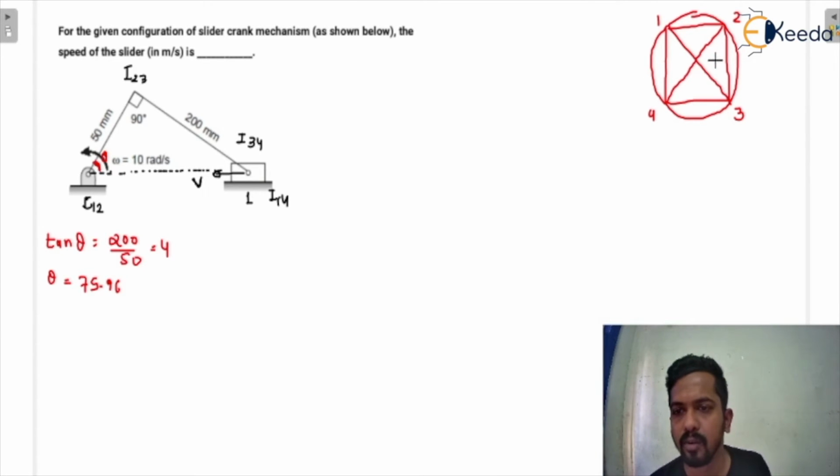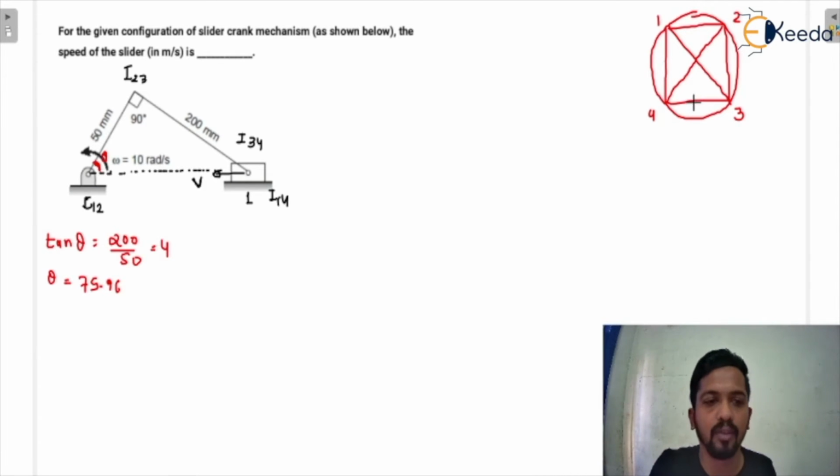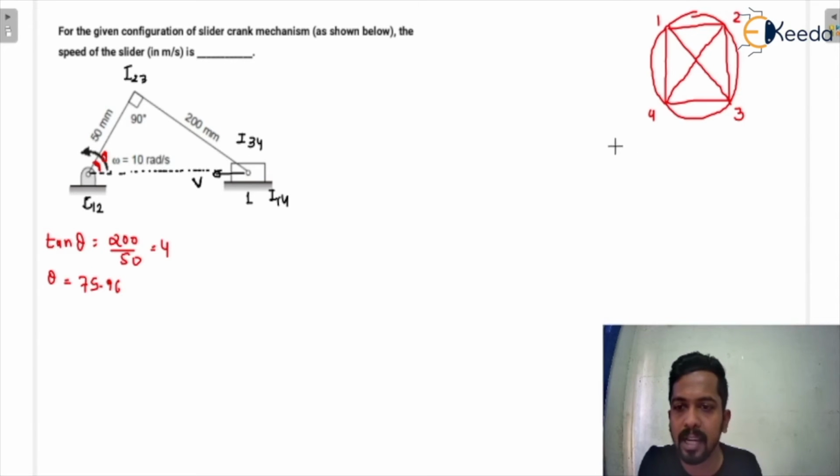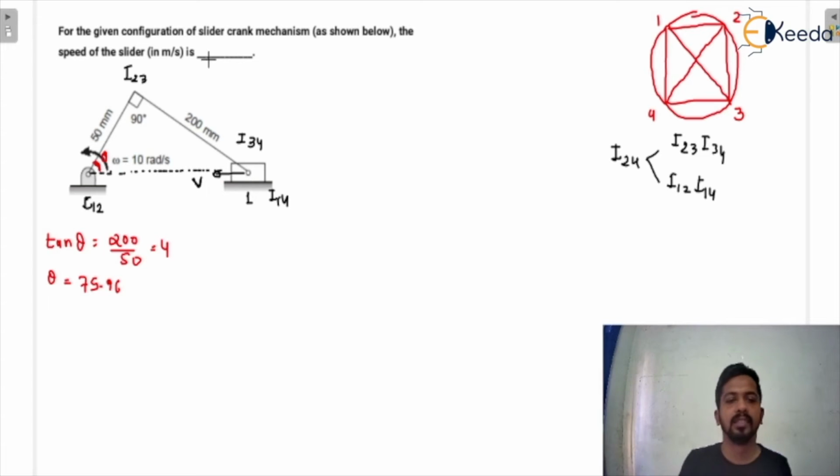Basically, if you want to calculate I24, you have to go through I23 and I34, and then through I12 and I14, and the intersection of these two lines gives you I24. Why am I interested in finding I24? I will show you. I24 is basically the intersection of I23, I34 and I12, I14.